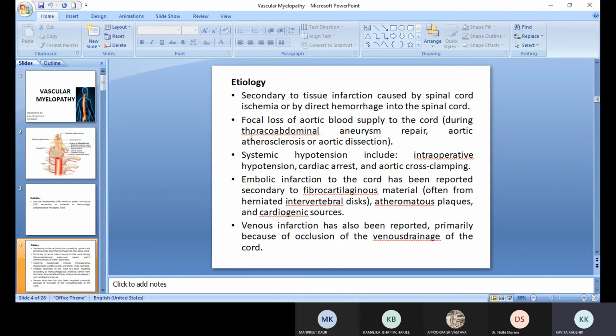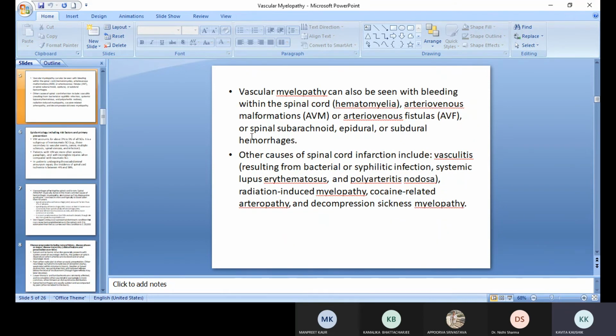Vascular myelopathy is also seen when there is bleeding within the spinal cord, or arteriovenous malformation, arteriovenous fistulas, or spinal subarachnoid, epidural, subdural hemorrhages.